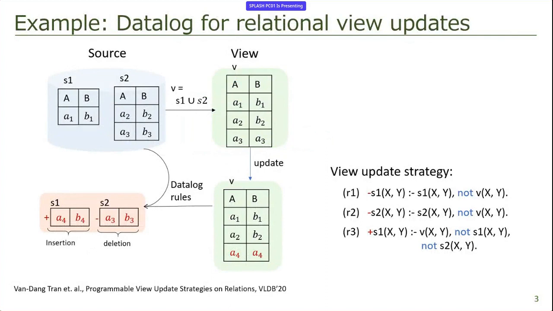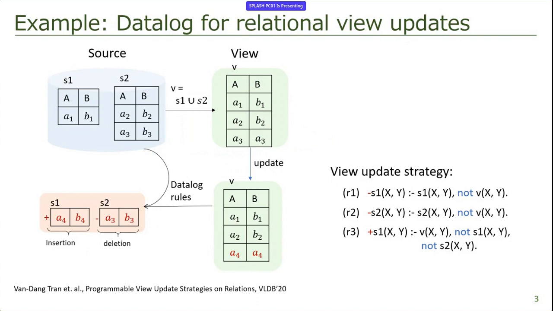First, let me give you an example of how a datalog program is written and why the properties for this datalog program are necessary. This example is from our previous work, published in early 2020, in which we provide a new way of using datalog to program various strategies in relational databases.